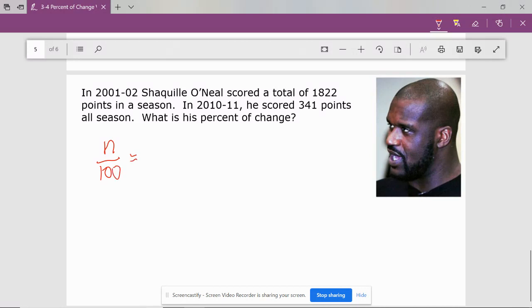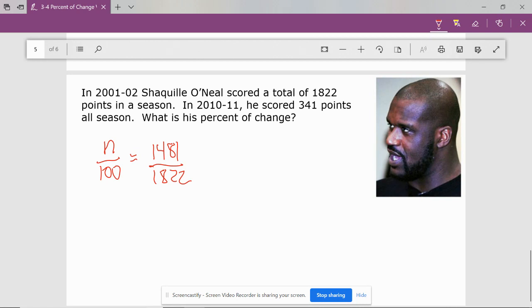In our original equation, our amount of change is going to be 1,822 minus 341, which is 1,481. Our original number is what he scored in 2001, 2002, which is 1,822, so we divide by 1,822.